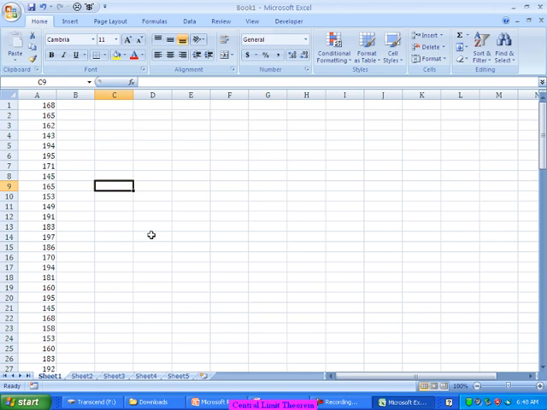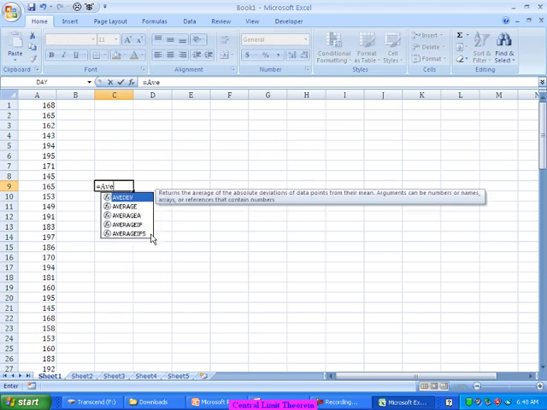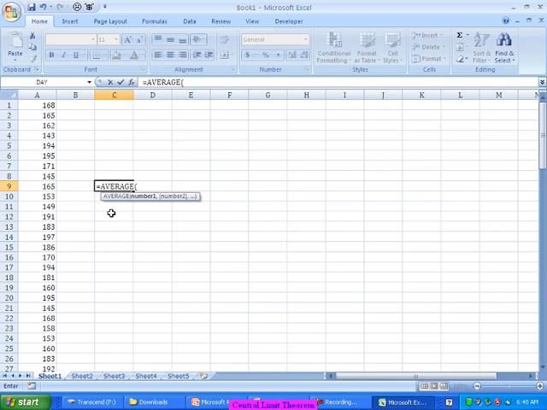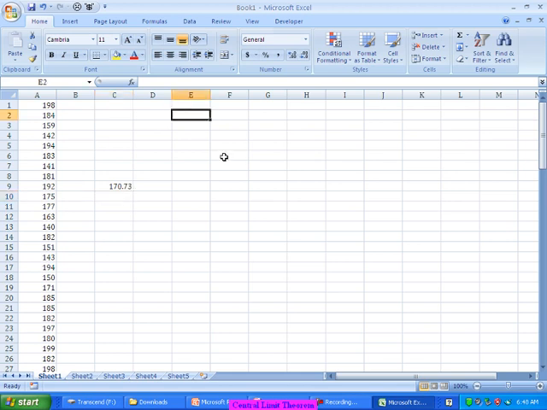Out of that entire population, I have taken a sample of size 100 people, and I am measuring their average height. Let's say I got 170.73. I will note down all these sample averages.